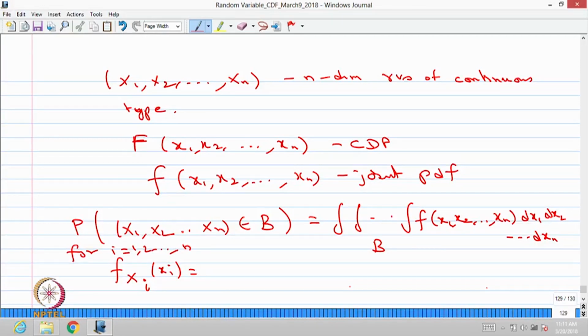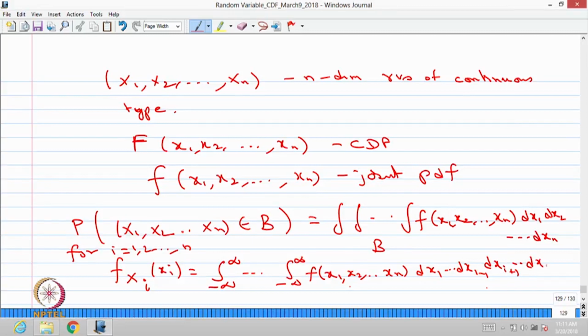You can always find the marginal distribution of any one random variable from the n-dimensional joint distribution by integrating the joint probability density function of the n-dimensional random variable with respect to x1, ..., xi minus 1, xi plus 1, ..., xn.